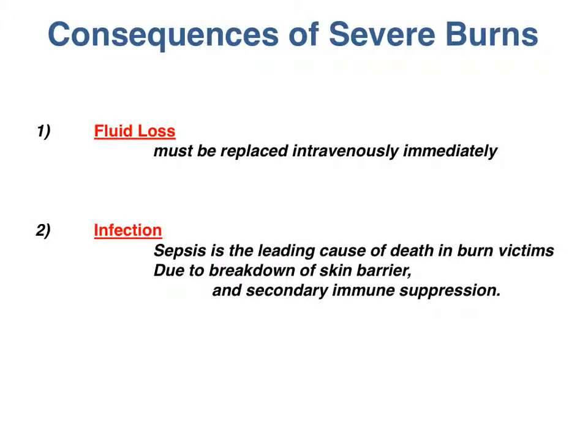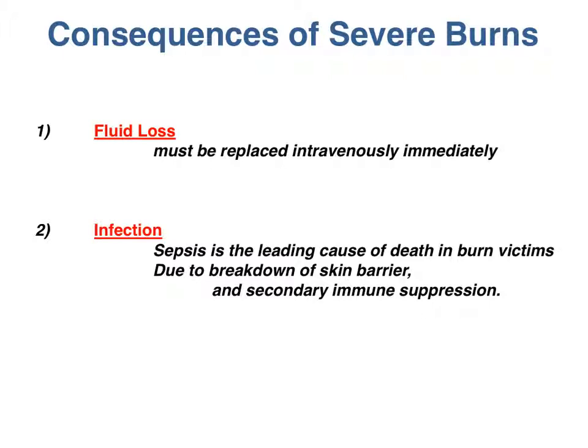To understand the dangers of burns, think back to the functions of the skin. One of the major functions of the skin is to prevent fluid loss, and fluid loss is the first most immediate danger of severe burns. Burns damage blood vessels, so you get plasma, the fluid from the blood, leaking out and evaporating. There's nothing to hold that fluid in the body.